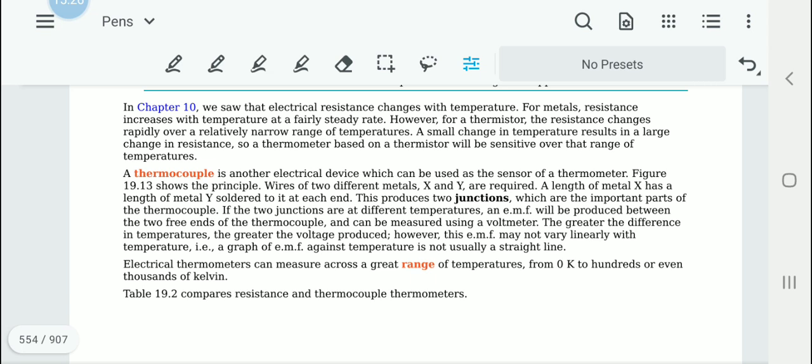Leave a line and write. A thermocouple thermometer compares the EMF between two junctions when one junction is exposed to a different temperature.